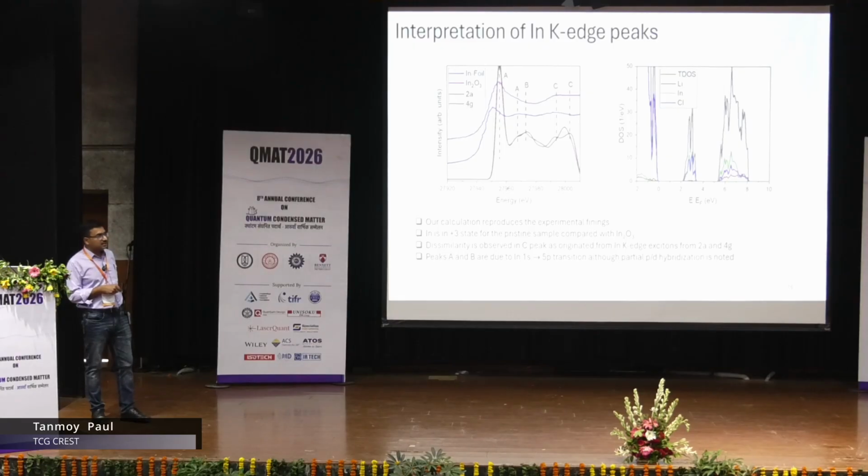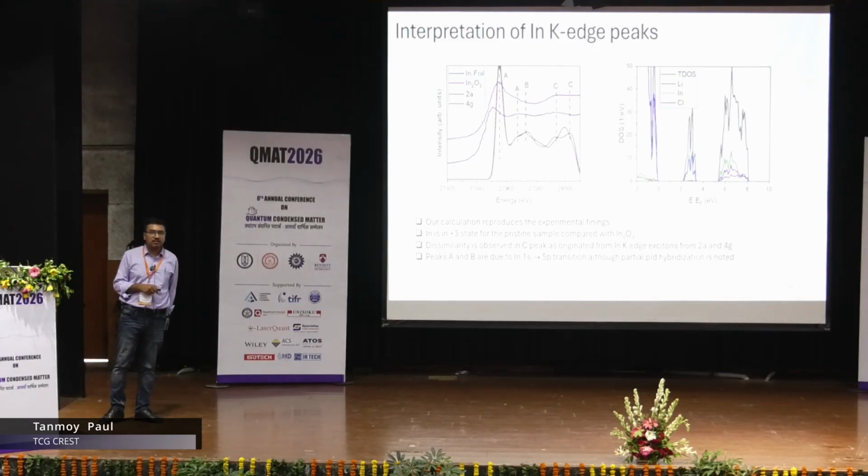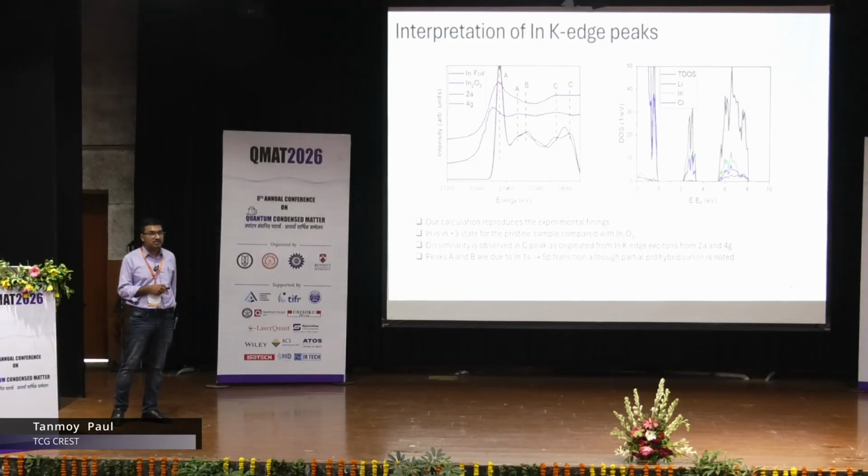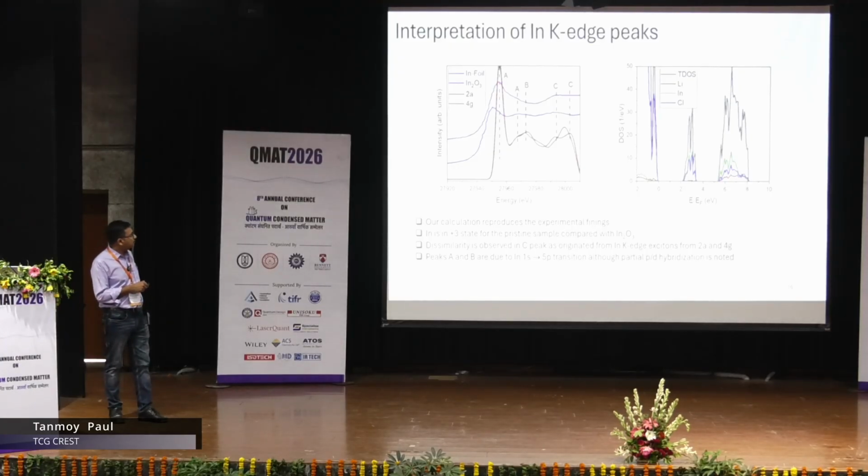We also extend this idea, not only for chlorine but for the indium case also. There we compare the experimental data with the indium foil and indium oxide available in the literature, because in the system we should have lithium indium in the +3 state. We find that at least the first peak matches our spectrum, which corresponds to indium in the +3 state in our system.